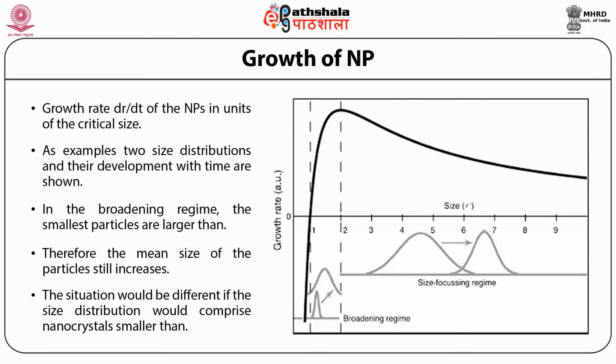Ultimately, when r* is larger than the radius of the smallest nanocrystals present, the system enters into the Ostwald ripening regime, which is characterized by a large broadening of the size distribution and, more importantly, a decrease of the total concentration of the nanoparticles.